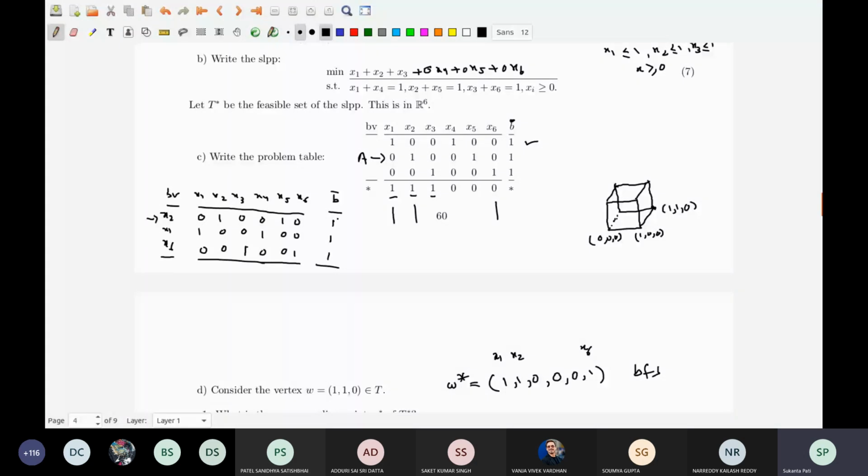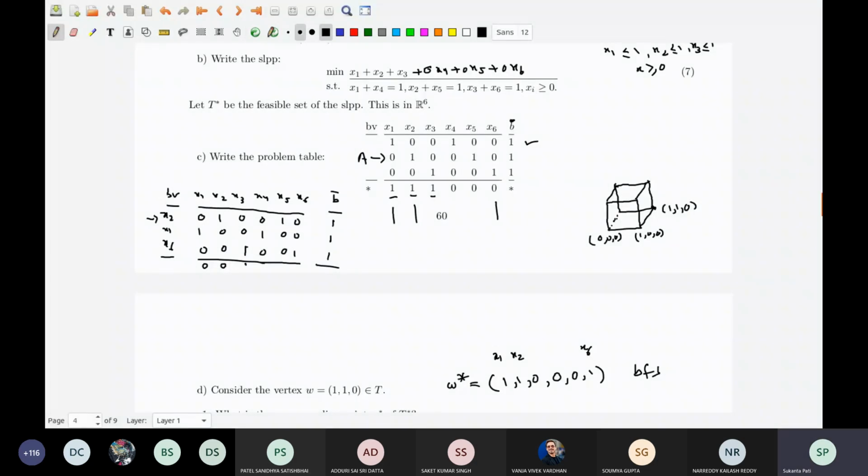And then what am I supposed to do now? I am supposed to make the entries of C below the basic variables 0. For that, I will take the sum of the first two rows and subtract it from C transpose. So I will get 0, 0. The first two subtracted from C, so this is 1.